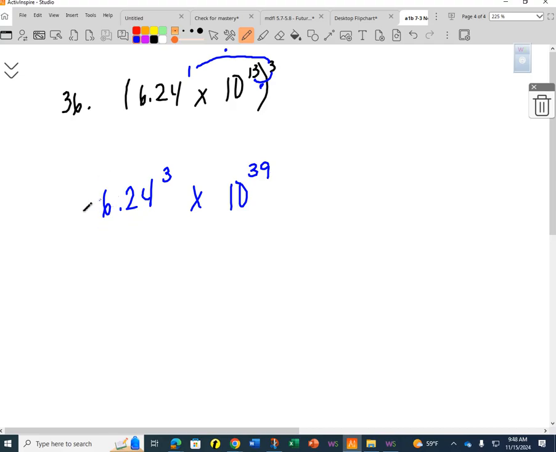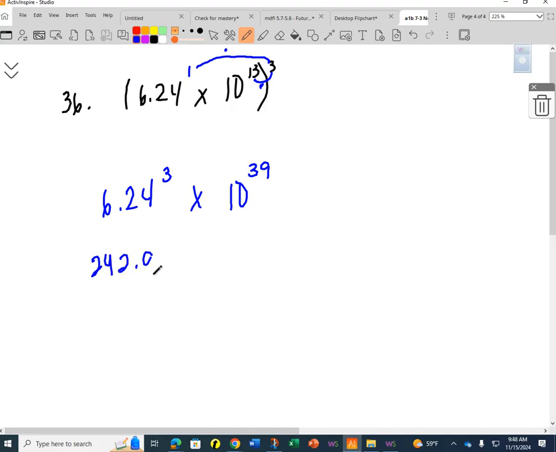So on your calculator, you should be able to evaluate that exponent on 6.24. Remember, 6.24, y to the x button, 3, equals. What did you get? Try it again. 6.24, y to the x, 3, equals. 242.97.